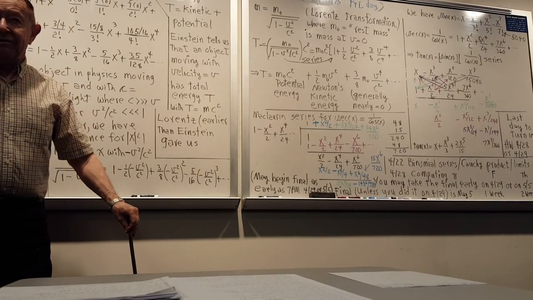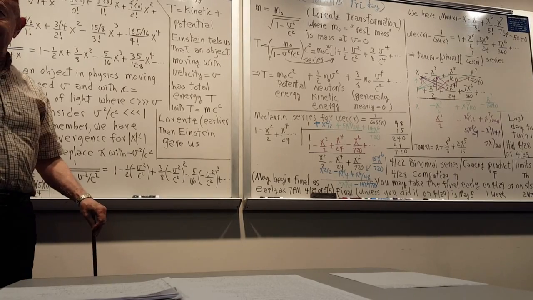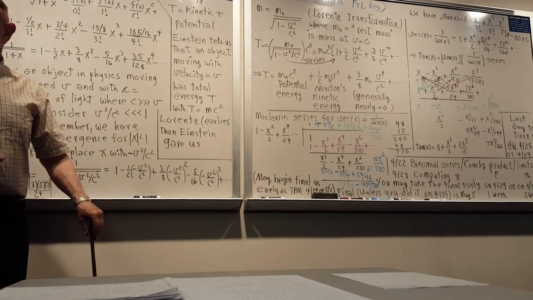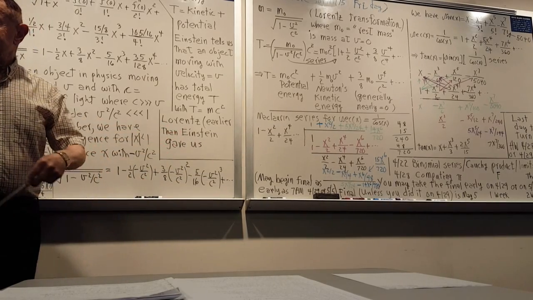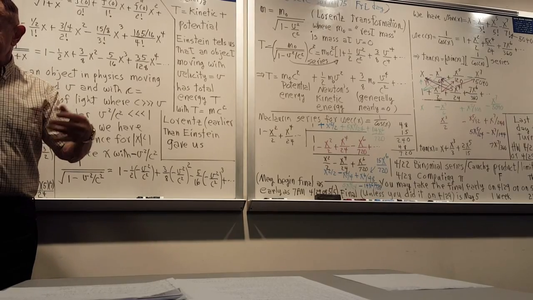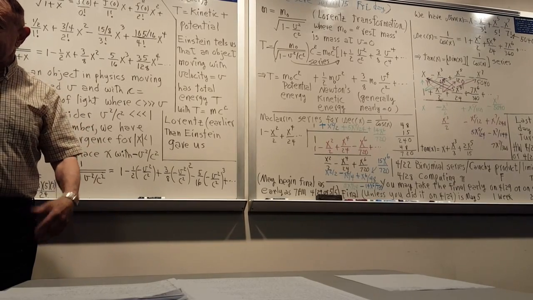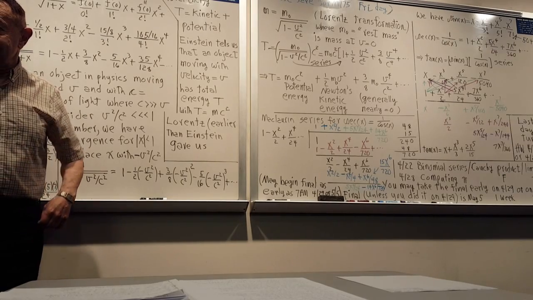So what I want to do is get the series for secant, which is 1 over cosine. And then if I have the secant series, thinking of it as 1 over cosine, I can do the Cauchy product of the sine series with the 1 over cosine or secant series. And that gets me the tangent series.